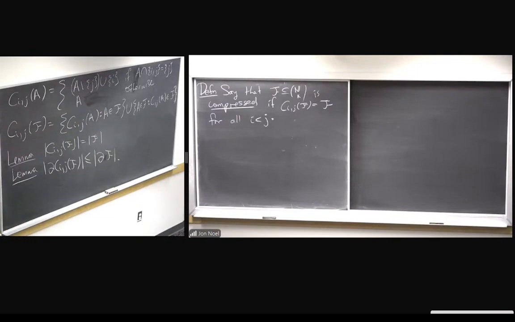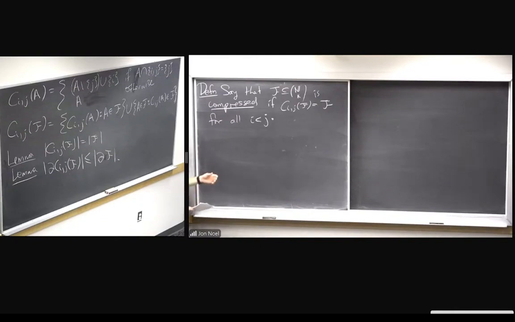It gets to a most compressed version of itself, and you stop, because applying more compressions doesn't change anything. It's not too hard to see that if you start with any finite family and apply compressions, this is going to terminate at some point. So we can always assume things are compressed.